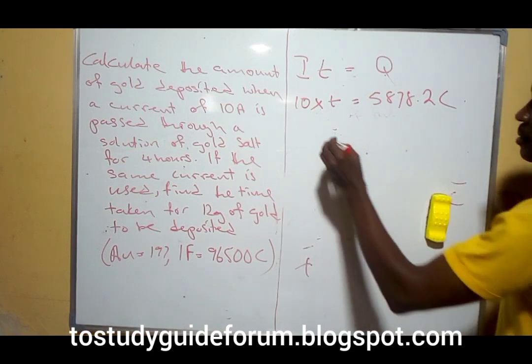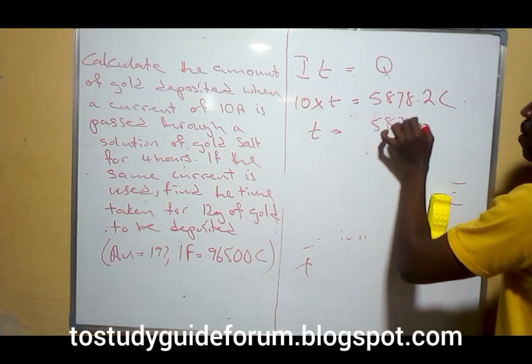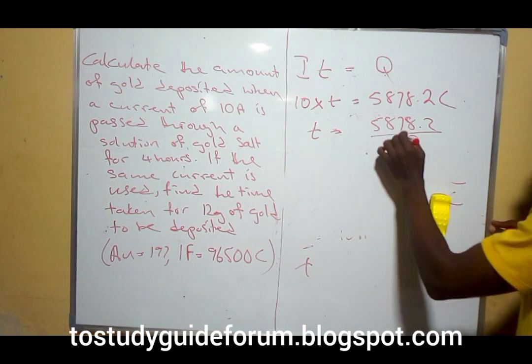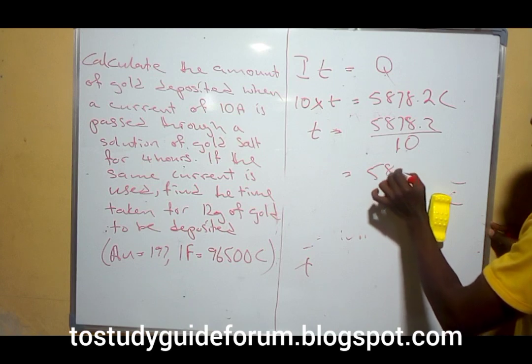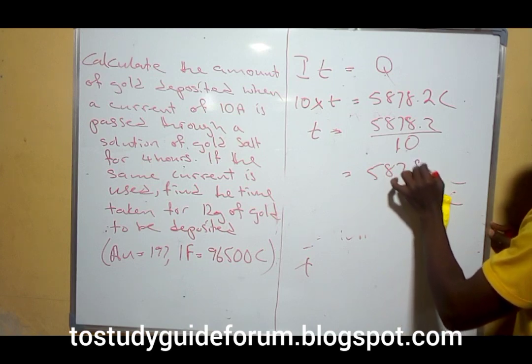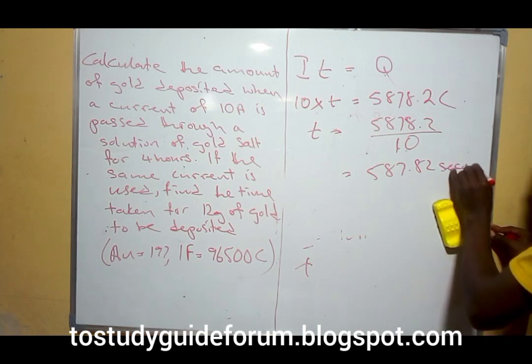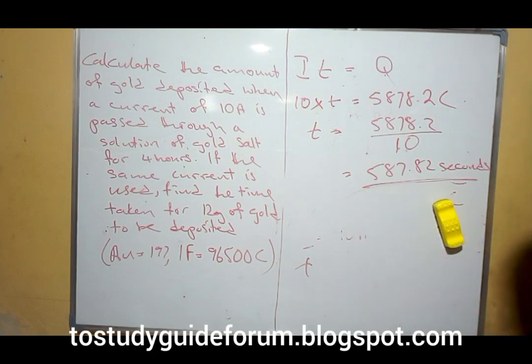So by dividing, time now will be 5878.2 divided by 10, what we have here should be 587.82, and that is in seconds, the time needed to discharge the 12 grams of gold.